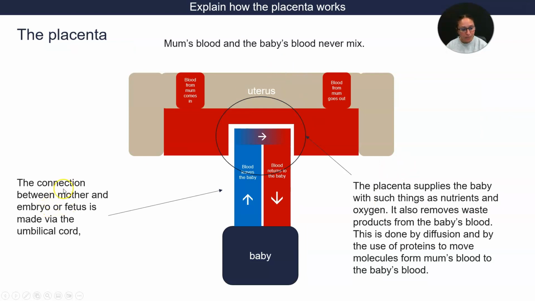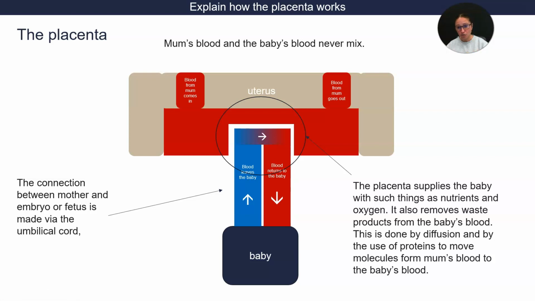So the connection between the mum and the embryo is via the umbilical cord. So this is where the blood vessels sit, the umbilical cord. And how do things move across? So how do things move from here to here? Well, by diffusion, which you know about, and also by transport proteins.